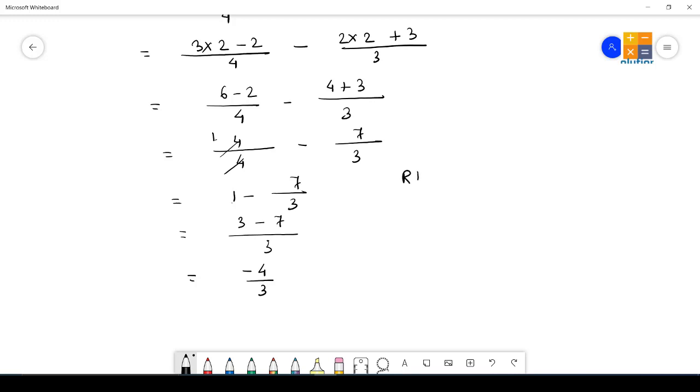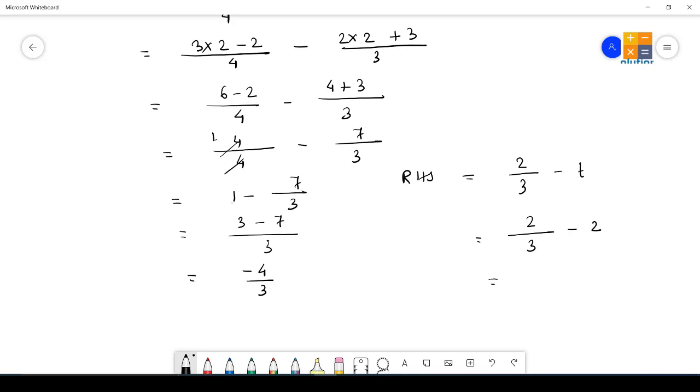Then coming to the right hand side, what can we put here? In the question it is given that the expression is 2 by 3 minus 8, minus t. That is equal to 2 by 3 minus, in place of t, what value can we put? Of course it is 2.